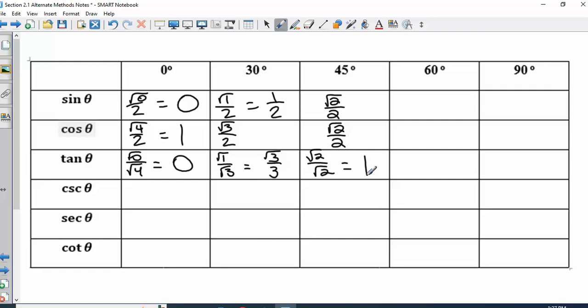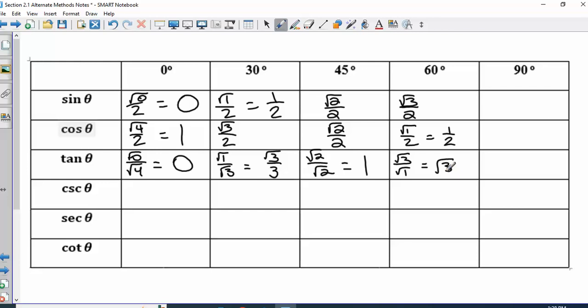Okay. 60. So sine of 60 would be, sine or cosine of 60. And tangent, square root of 3 divided by the square root of 1, which is just the square root of 3.